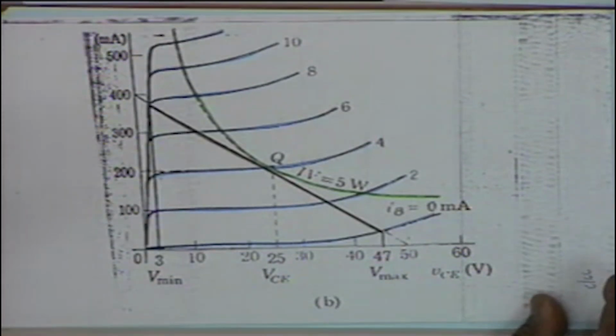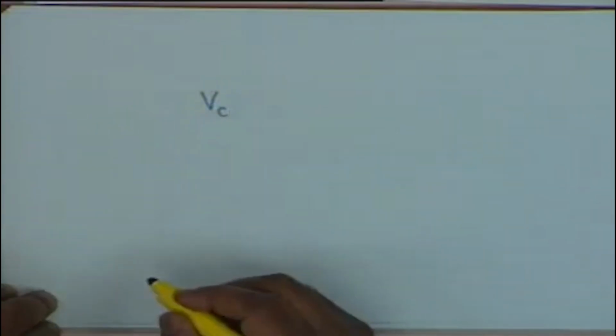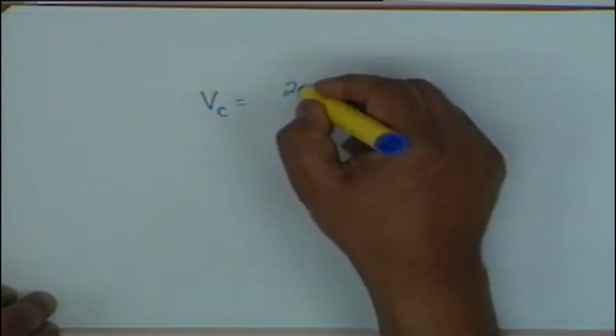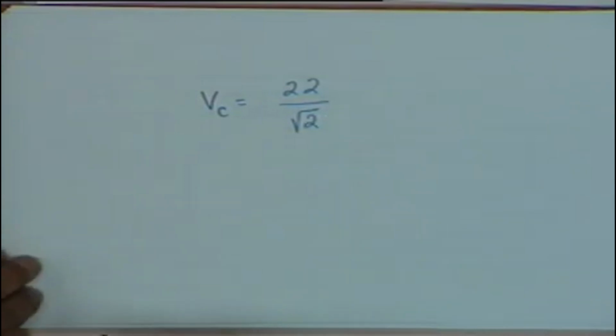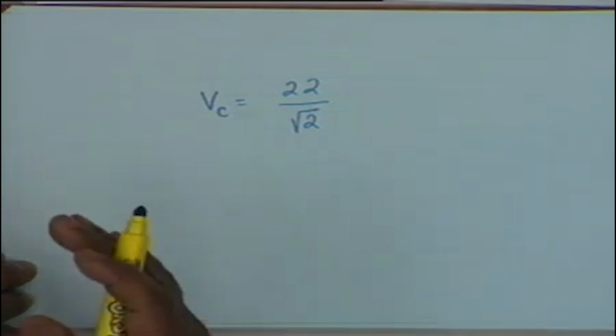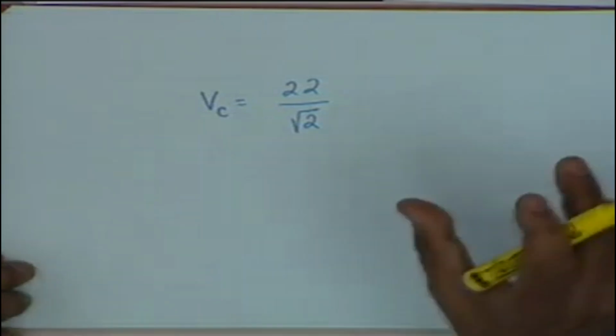Why? Because we are not going to the maximum possible current swing. So my root mean squared value of the load voltage VC shall be 22 divided by root 2. Do all of you understand why it is 22 by root 2? Maximum V minus minimum divided by 2 is the peak value.